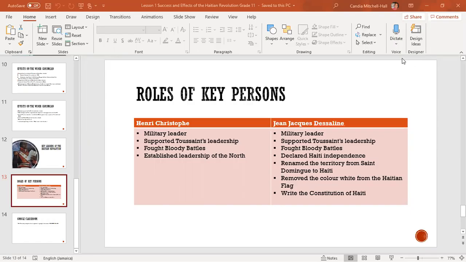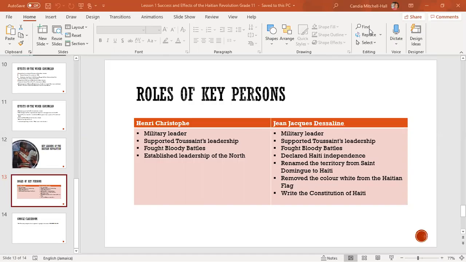No. Anyone? Does it mean highland or high ground? No. It actually means land of hills. Oh, mountainous land. So the indigenous word is Haiti, and it means land of hills.